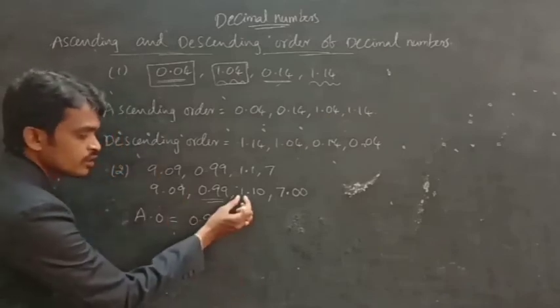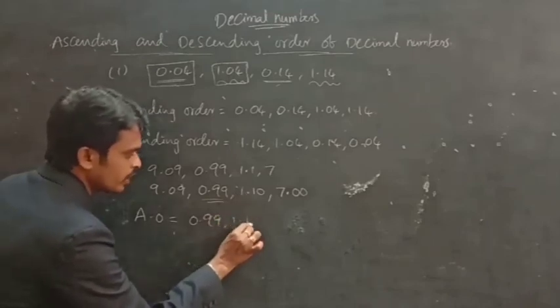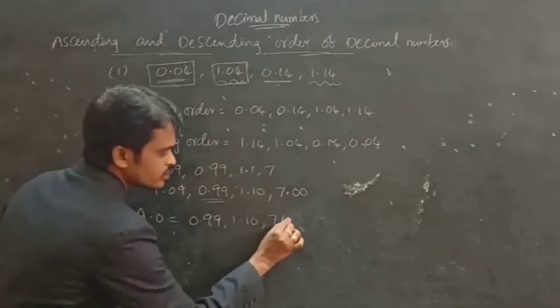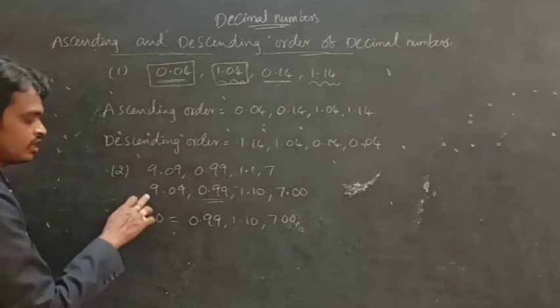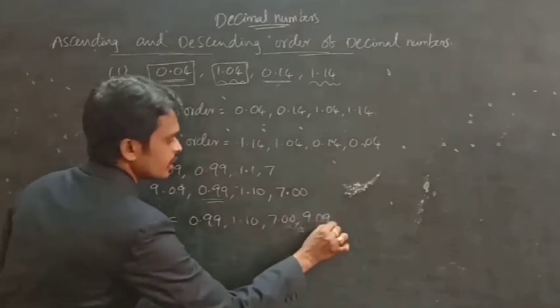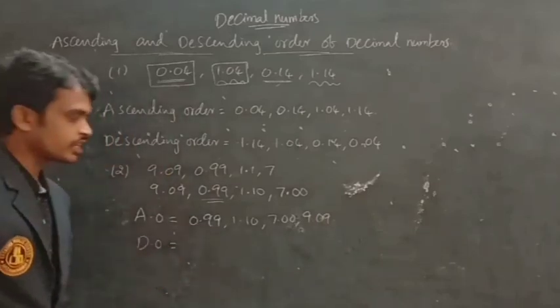After that, the next smallest whole part is 1, so 1.10. Then 7.00. Last is 9.09.